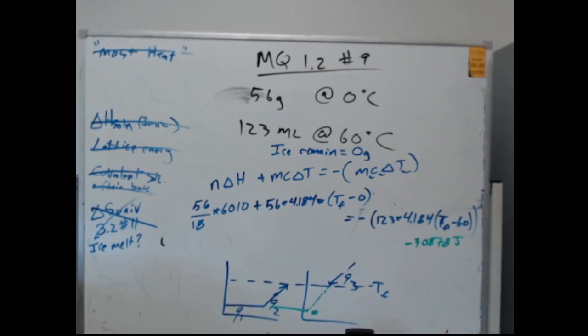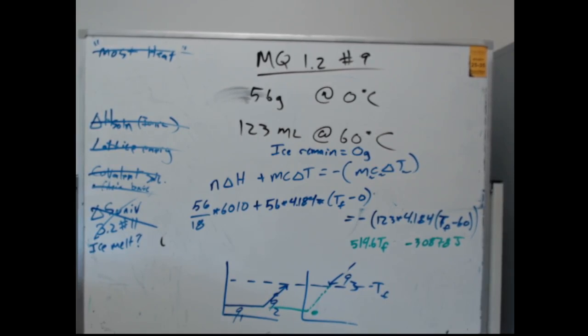And I'm going to do 1, 2, 3 times 4.184 and 514.6.